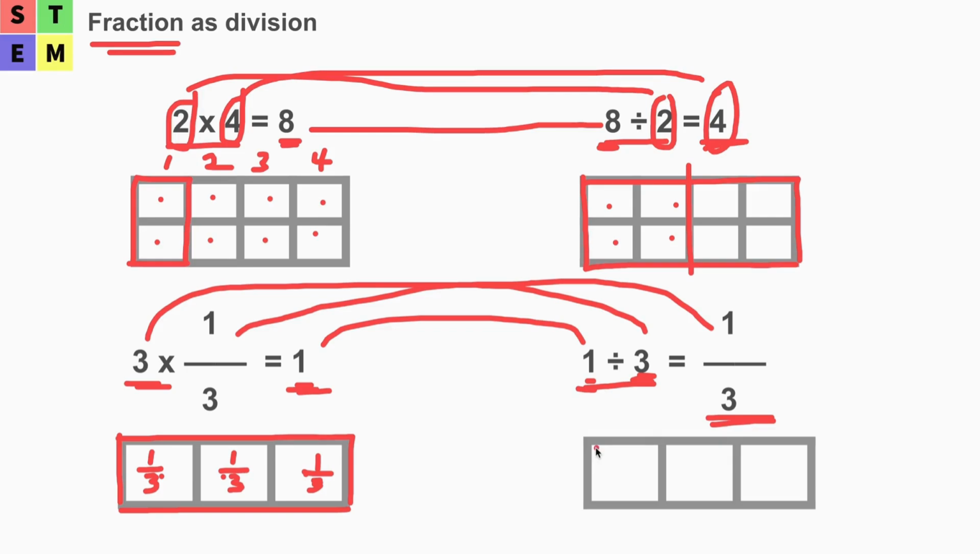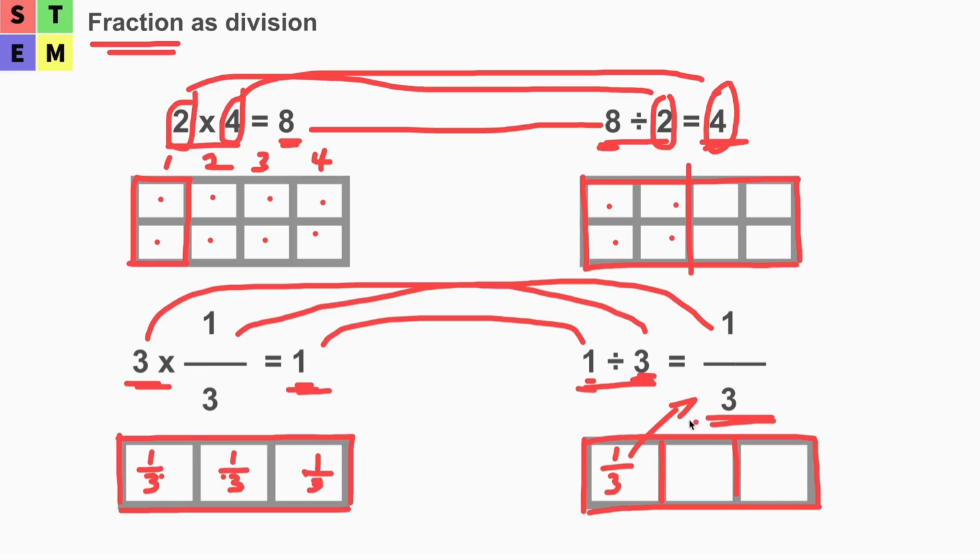But how? So we have 1 part as a whole, okay? And divided into what? Divided into 3 parts, right? Divide by 3. So we got 3 equal parts here, and each one is 1 over 3, right? So that's why we got 1 over 3 there.